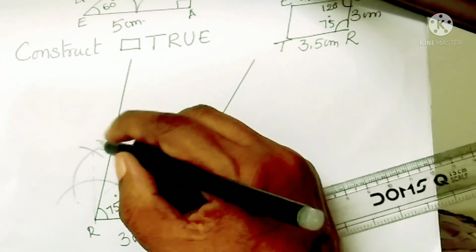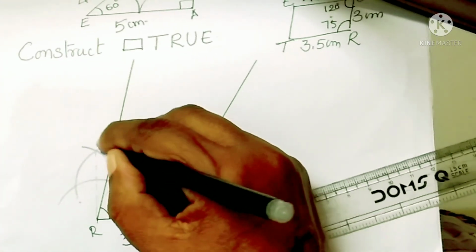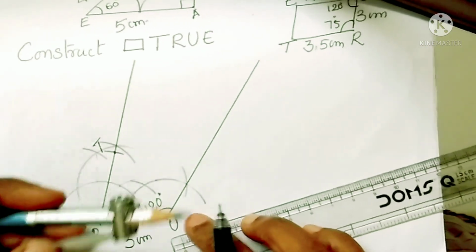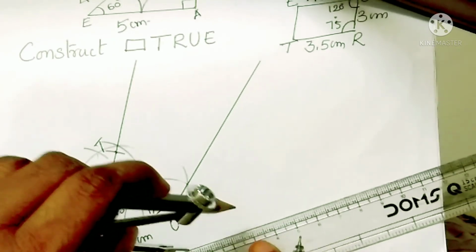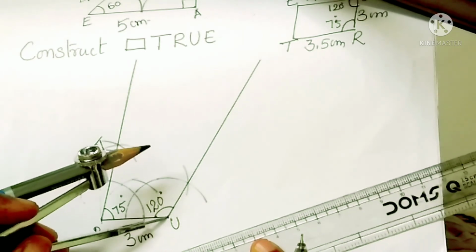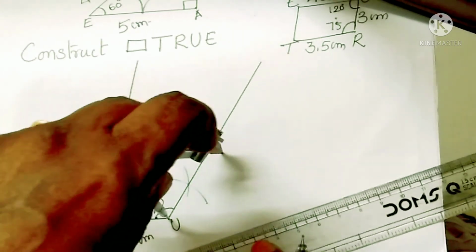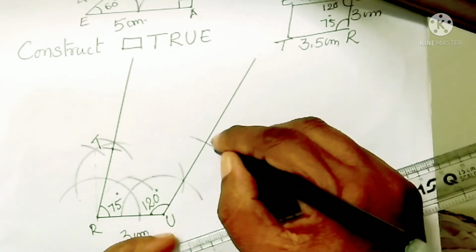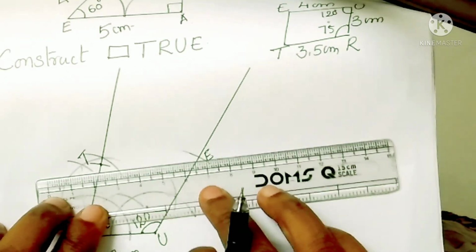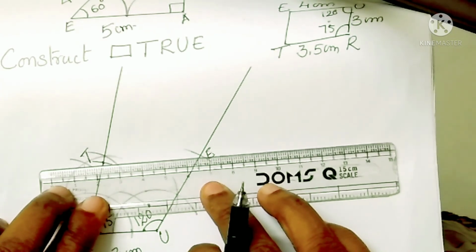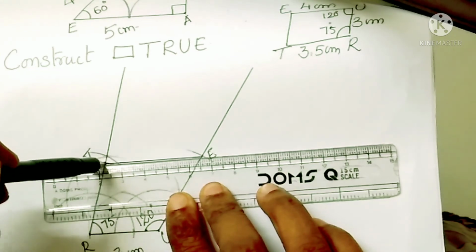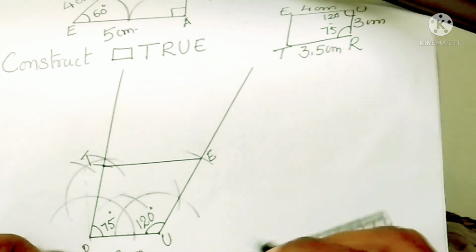So what is that point? This point is T. And from U, E is 4 centimeter. So take 4 centimeter and from U cut. So that will be E. And then join T to E. Then label all the parts.